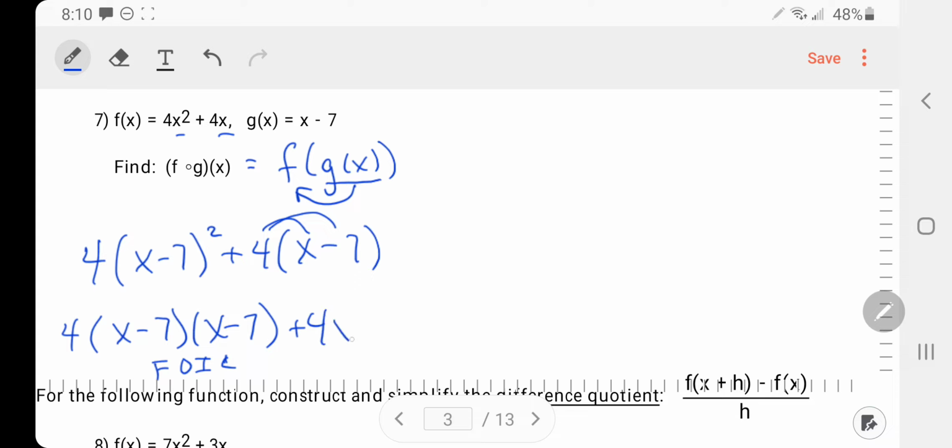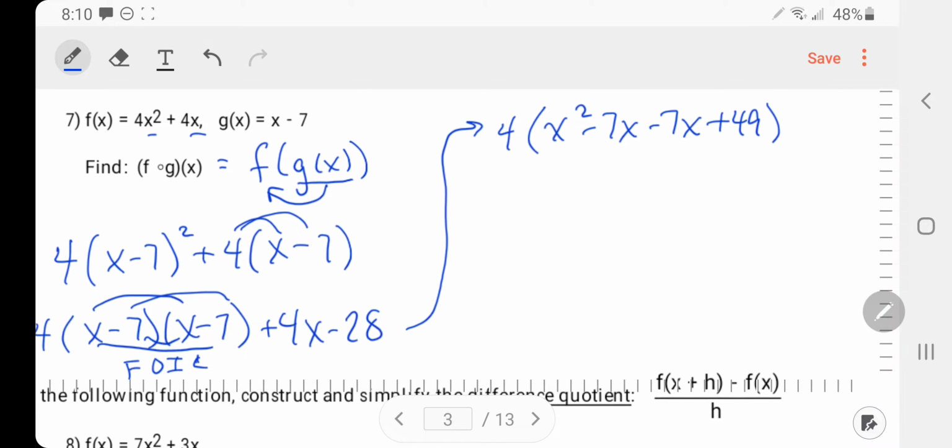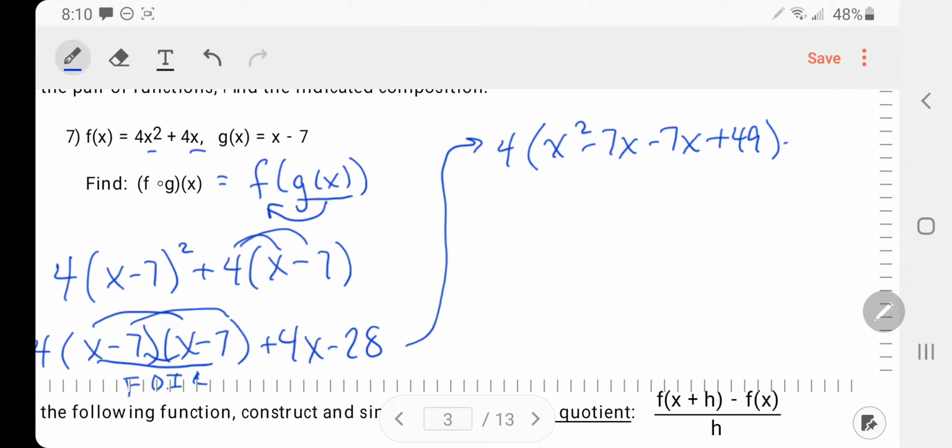Plus 4x, 4 times 7 is 28. Now we'll continue that up here. That's going to be 4 times, doing the FOIL method, x times x, x squared. On the outside, minus 7x. On the inside, minus 7x. Last but not least, plus 49. And then the plus 4x minus 28.